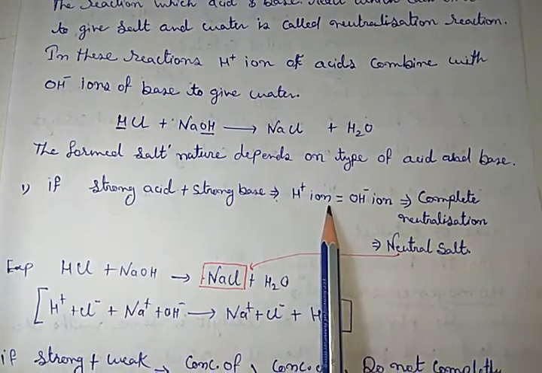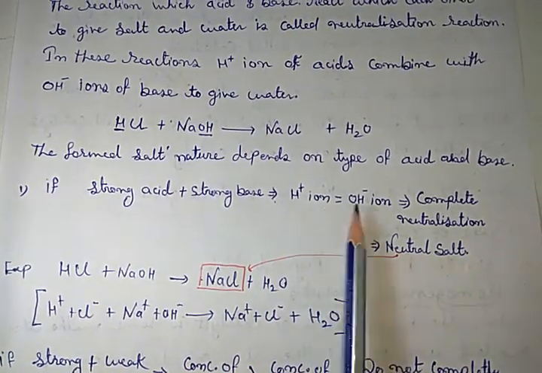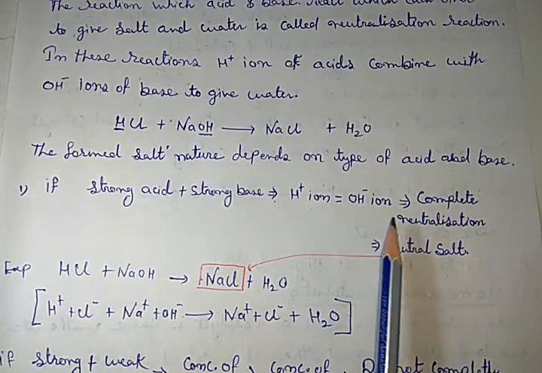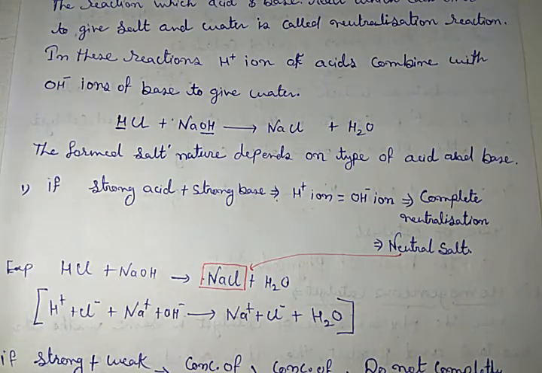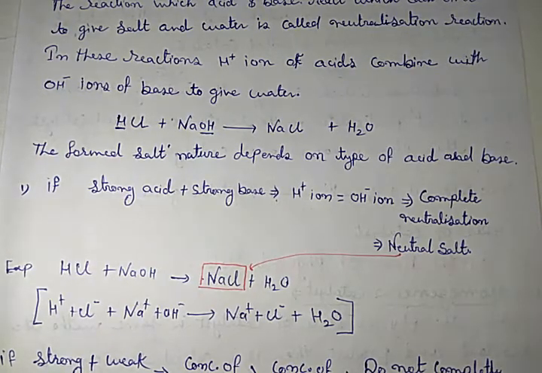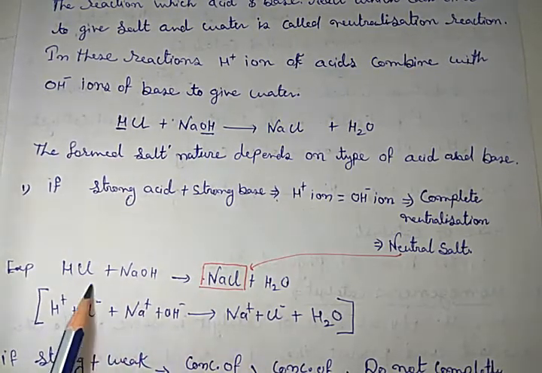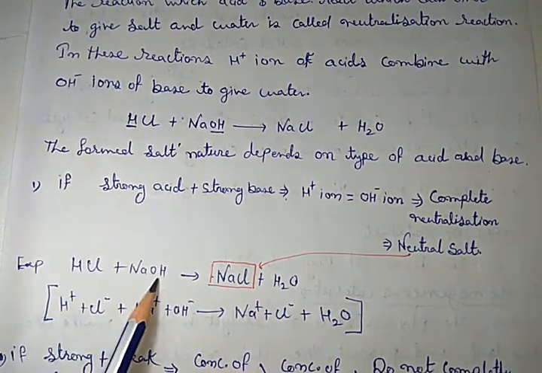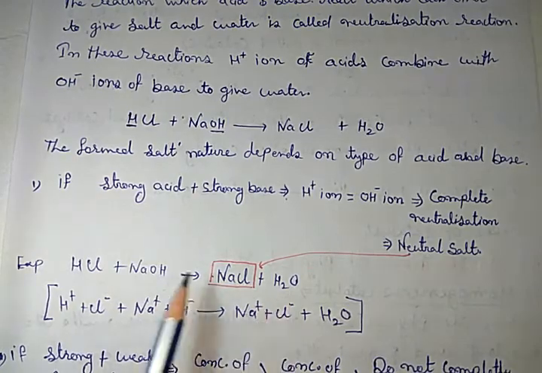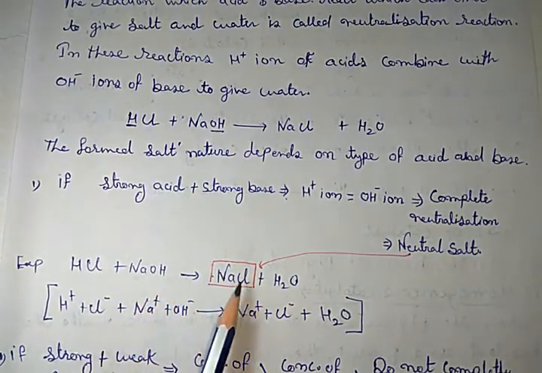That means the complete neutralization reaction takes place, and they completely neutralize each other. In this condition, the solution or the formed salt will be neutral, like HCl plus NaOH. Here H+ and OH- combine and make water, while Na+ and Cl- combine and make NaCl.